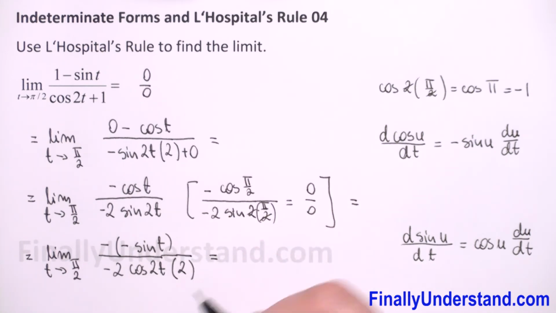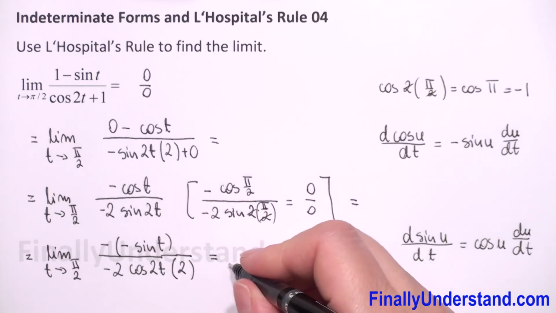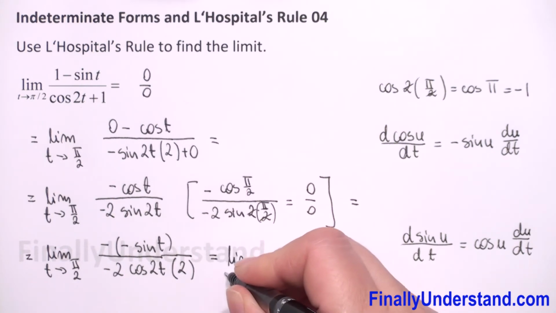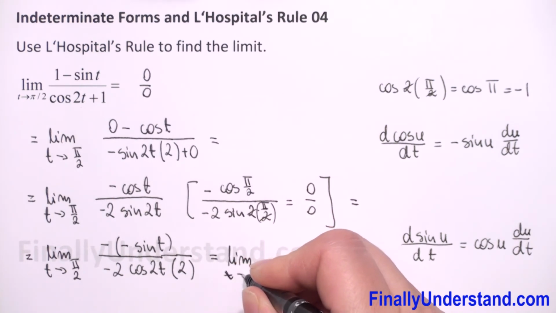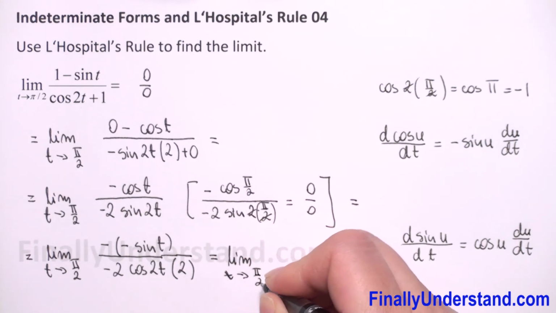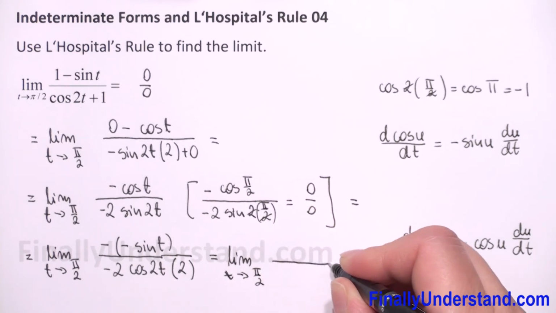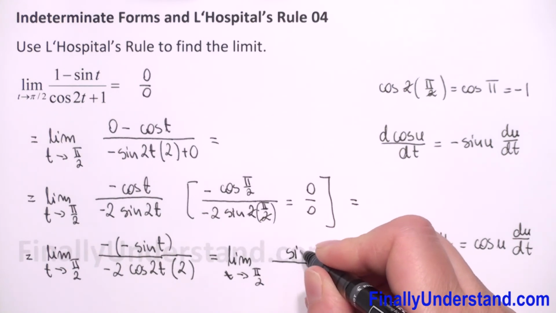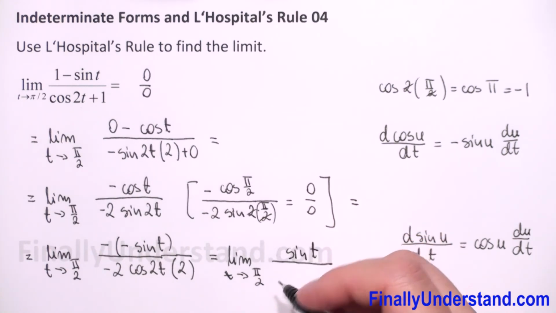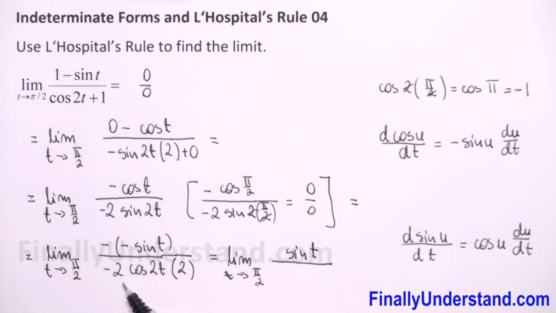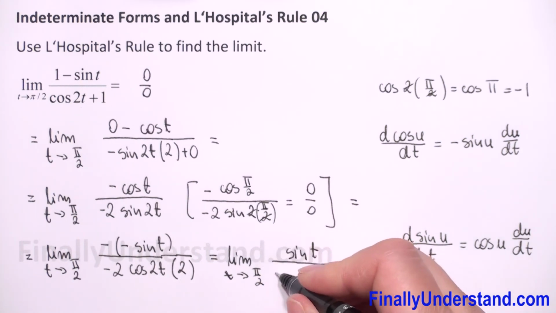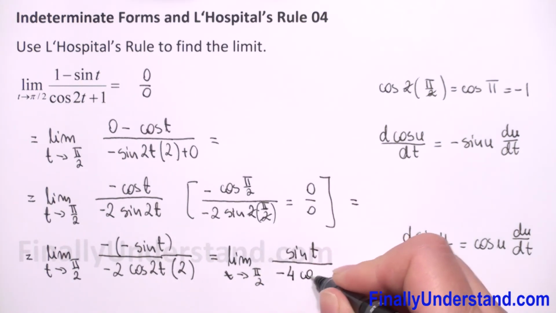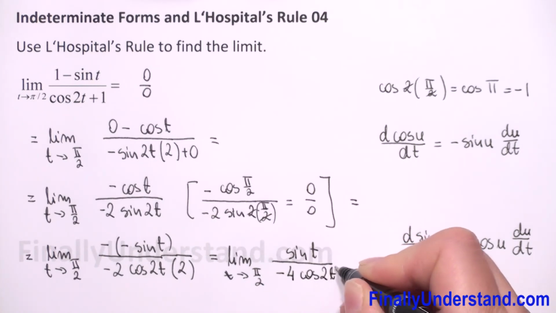So this is equal to the limit as t approaches pi over 2, and in the numerator we have negative times negative is positive, sine t, and in the denominator we have negative 2 times positive 2 is negative 4 cosine of 2t.